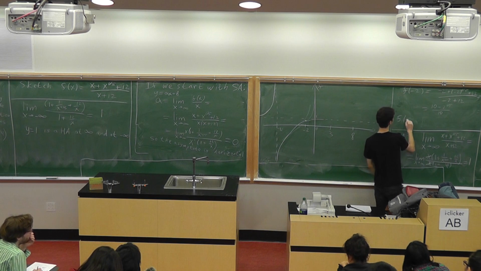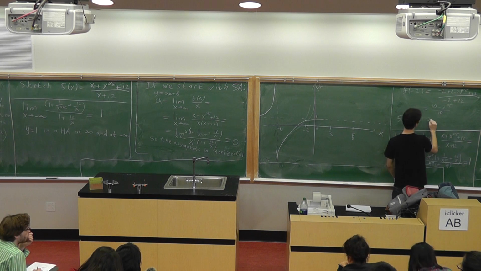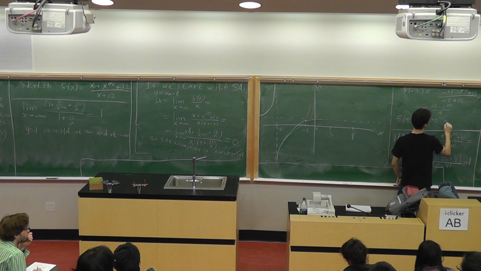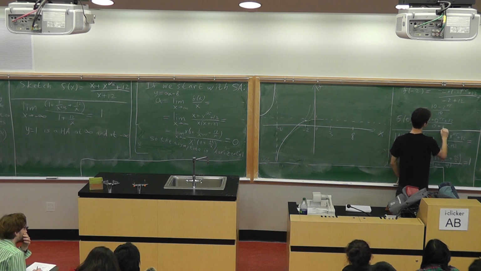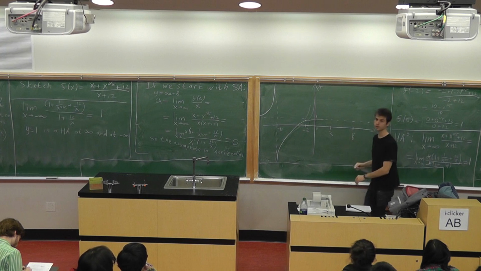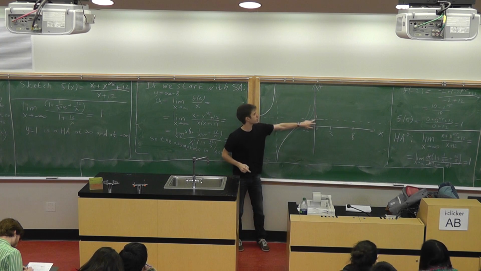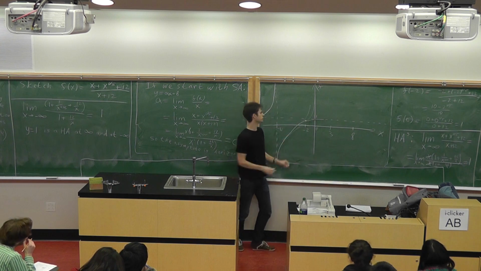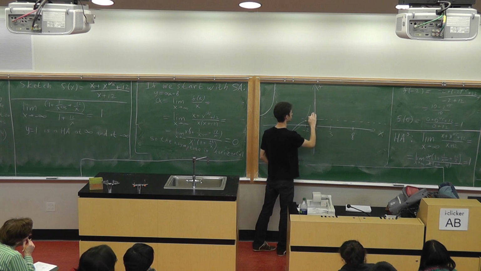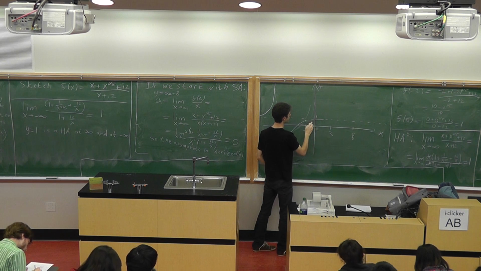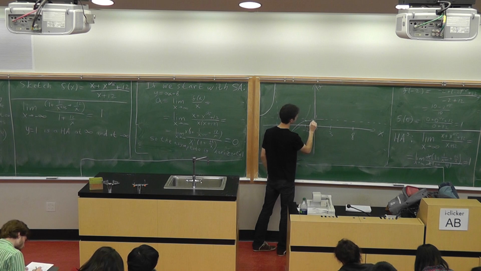So I do. F of 0 is 0 plus 0 plus 12 over 0 plus 12. So it is 1. So in fact, my vertical tangency happens exactly at this point. So I erase these things, and my vertical tangency is here.